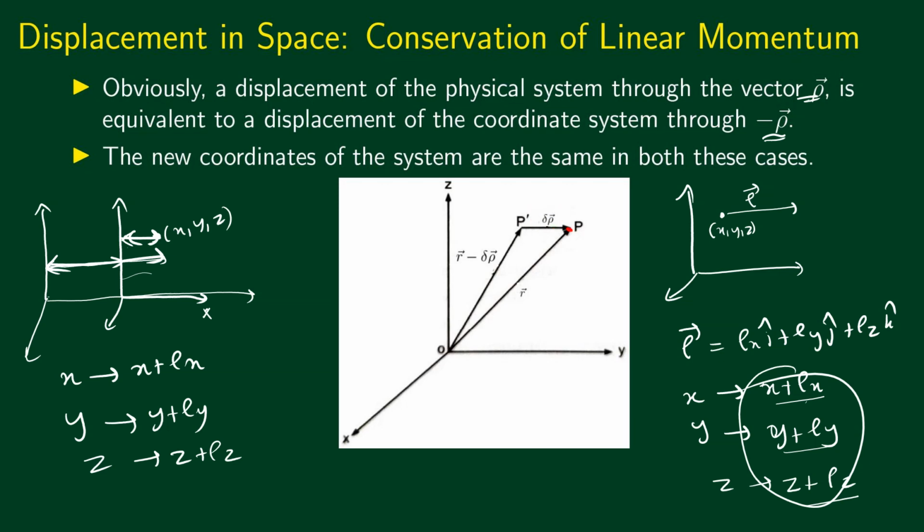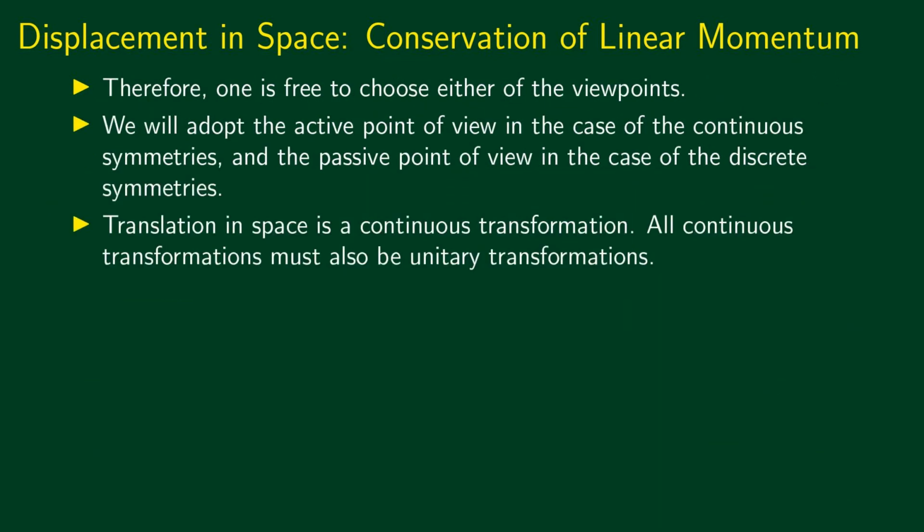The point P, the position of the point P, the new position of the translated point, is denoted as r vector. This is the position vector of the point P. The displacement was delta rho vector, and then the initial position vector can be written as r vector minus delta rho vector.